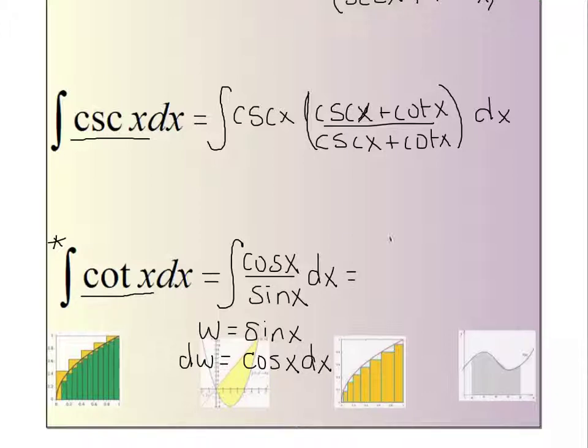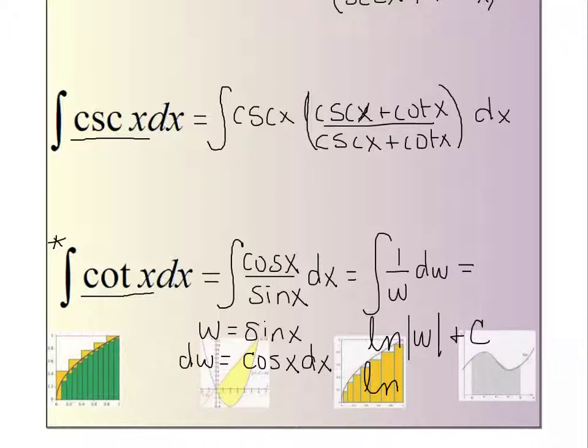So this integral becomes the integral of 1 over w dw. And that in turn is the natural log of the absolute value of w plus c. But w was simply sine of x. Okay? So that actually turns out to be the integral of cotangent of x.